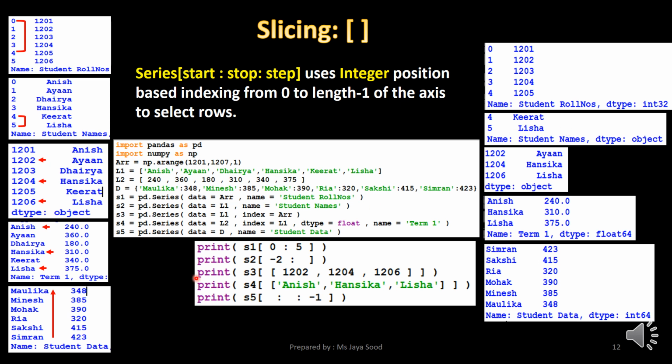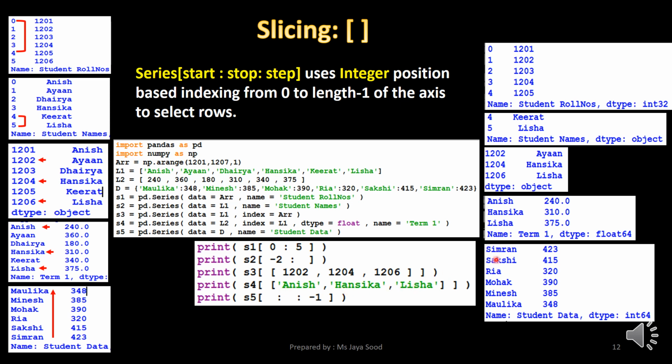The next statement, print S3 within square brackets a list of indexes. So it will select the rows with the indexes 1202, 1204 and 1206 only as shown here in the output. The next statement, print S4 with again a list of indexes as shown here. The index labels are Anish, Hansika and Lisha.